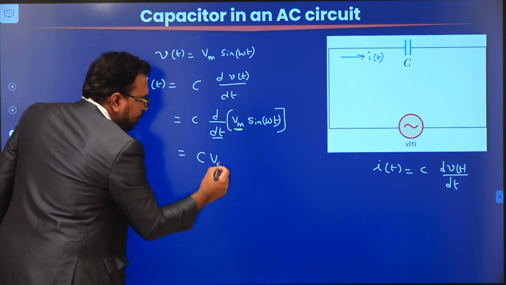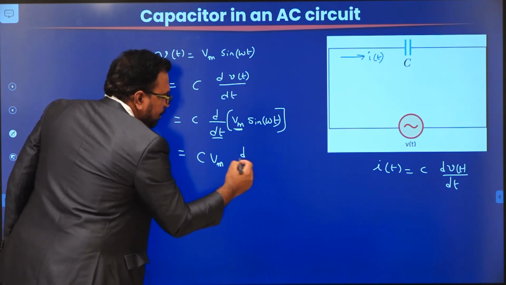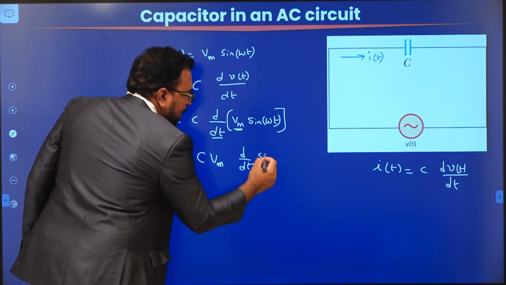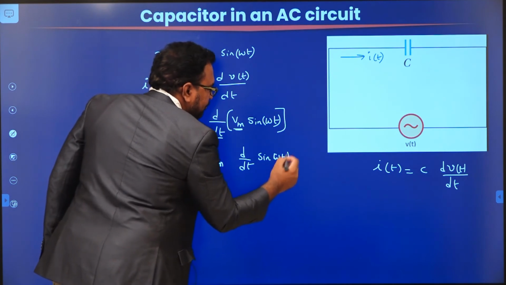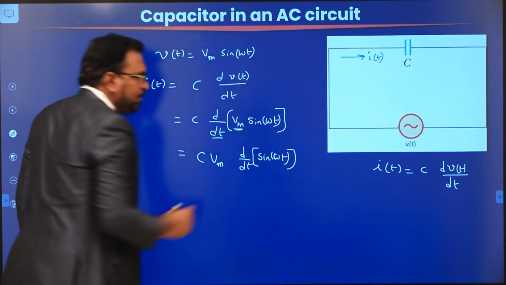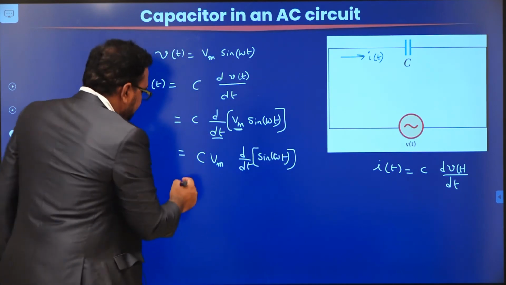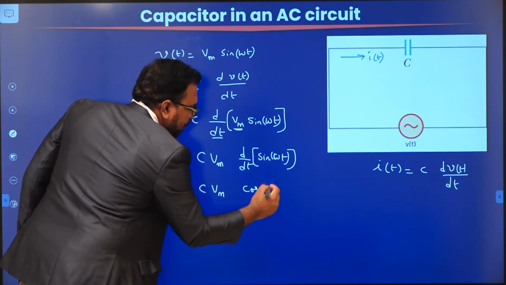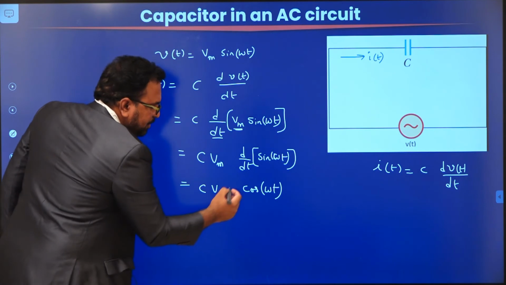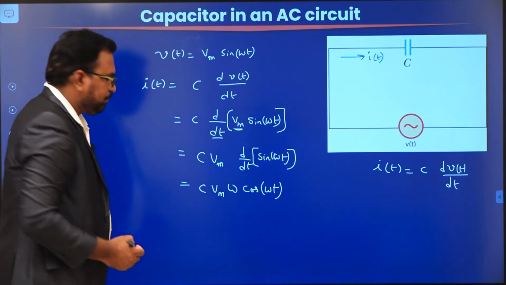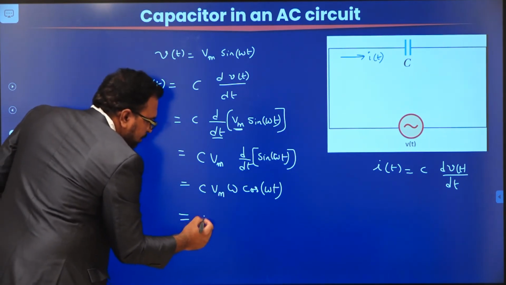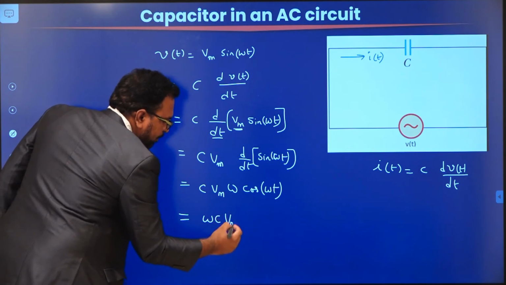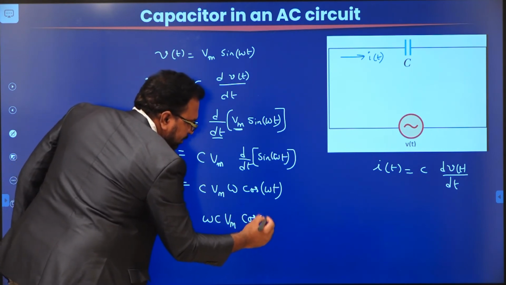C into Vm into d by dt of sin omega t. What is the differentiation of sin theta? Cos theta. So C into Vm into cos omega t. But omega is a constant, so we multiply by omega. Rearranging the terms, omega into C into Vm into cos omega t.